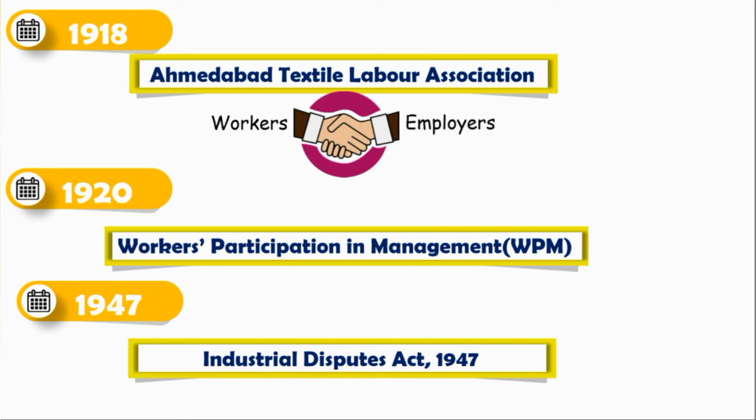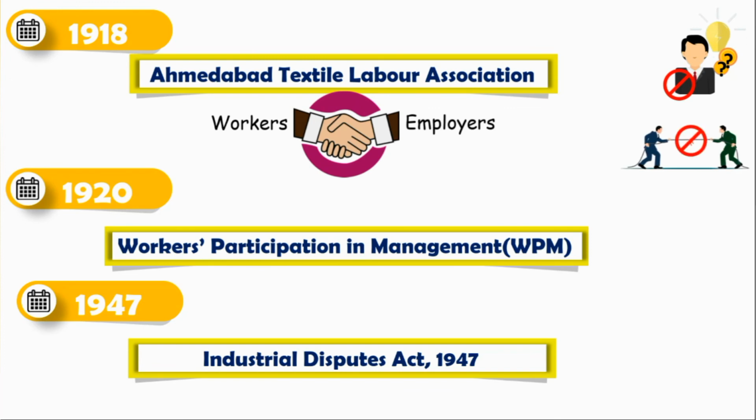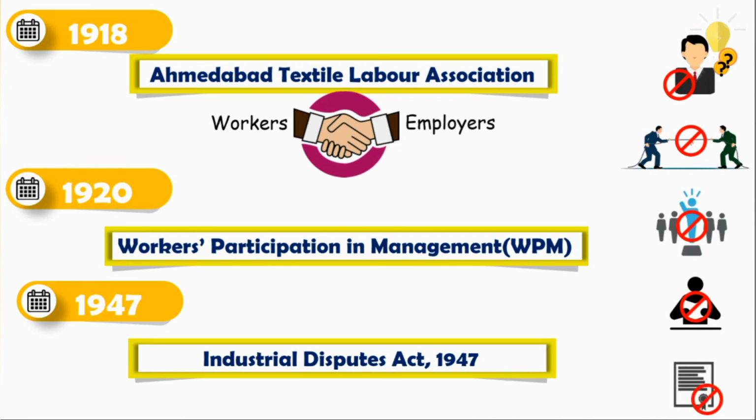But this concept didn't give satisfactory results because of a few reasons, like lack of understanding about the concept, miscommunication and misunderstanding between the workers and the management, absence of strong trade unions, illiteracy of workers, improper implementation of the schemes, etc. So because of these few reasons, the concept of workers' participation in management didn't work earlier.